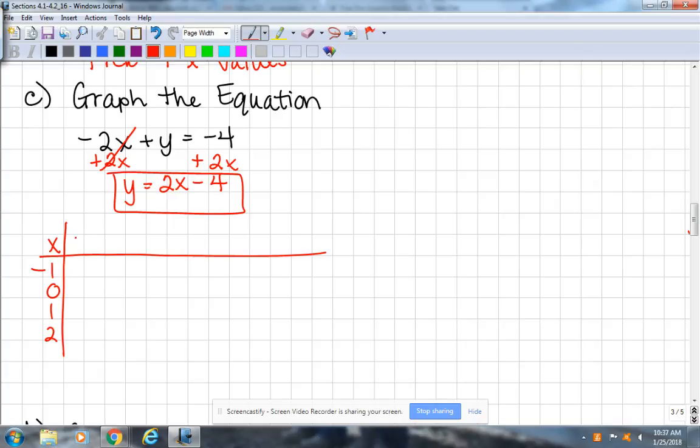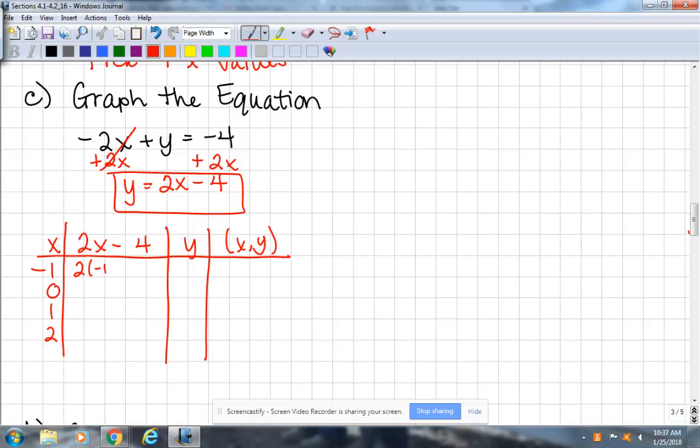And then I'm going to make my table just like I did before. My line getting so long. And then just like we did a while ago, plug in my -1 for x and do my arithmetic. So what is 2 times -1? -2.